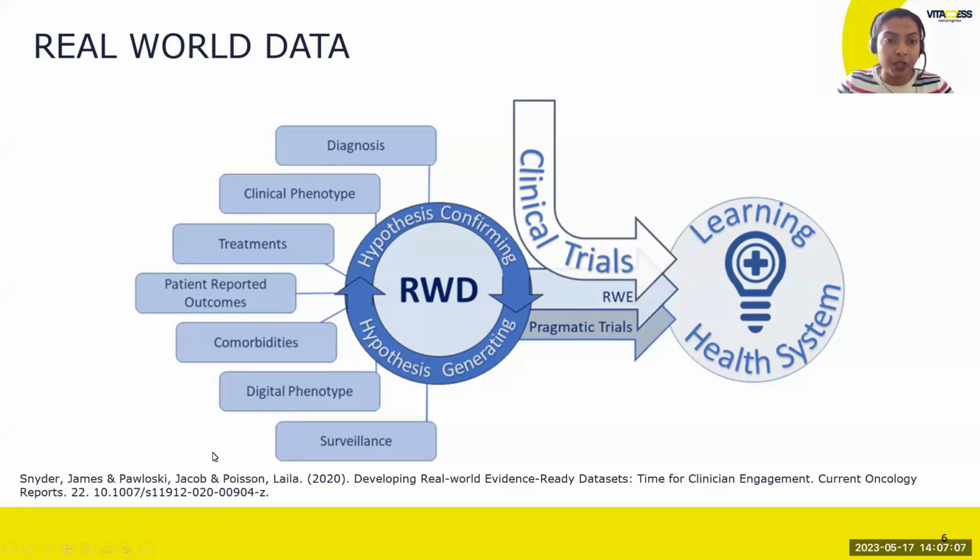Real-world data is obtained from different sources, such as the medical history, treatments, surveys, qualitative interviews. So this data is important and critical to understand patient real experience and the context in which they live and operate. So we believe that there's a significant value in leveraging real-world data to improve healthcare and outcomes.